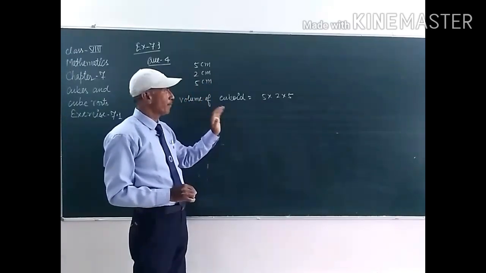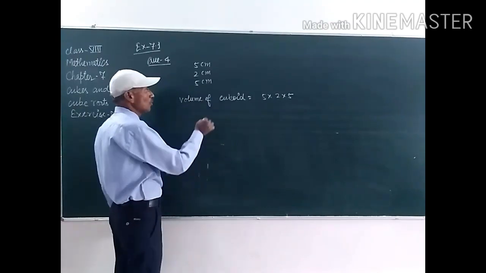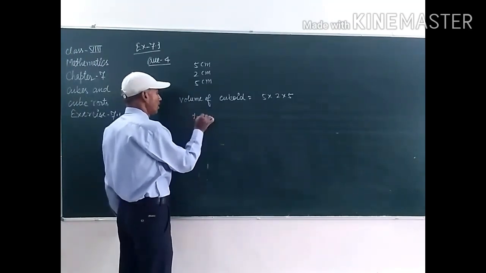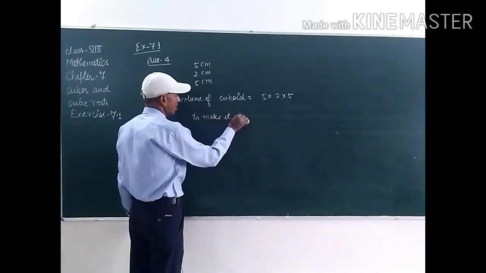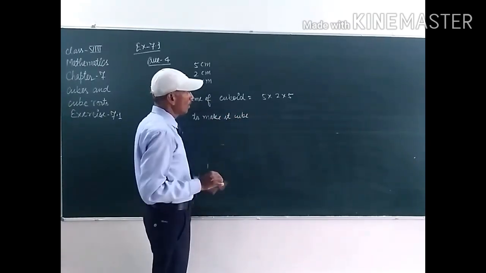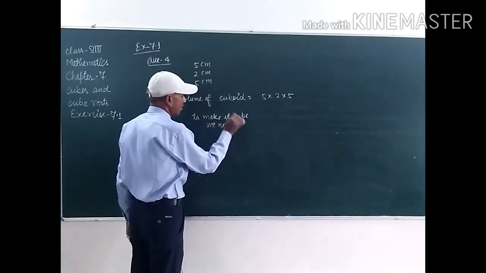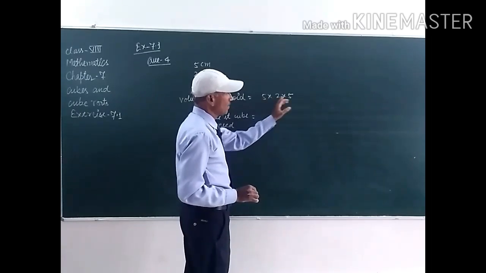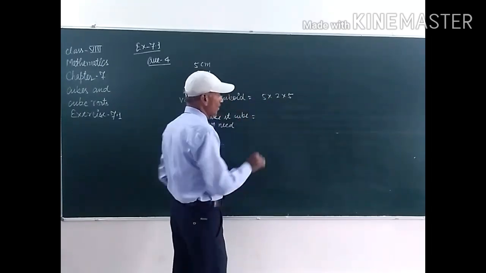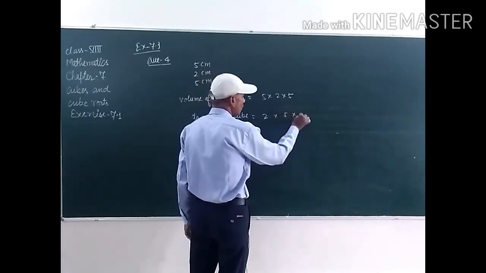Dimension is given here, and this one is a cuboid, student. So to make it a cube, we need this one, student. 5 is 2 times here and 2 is 1 time, student. So we can write it 2 into 5 into 5.